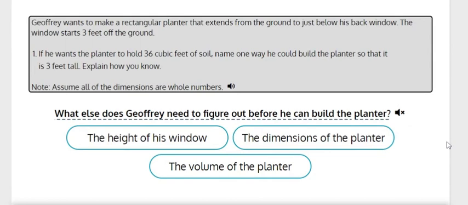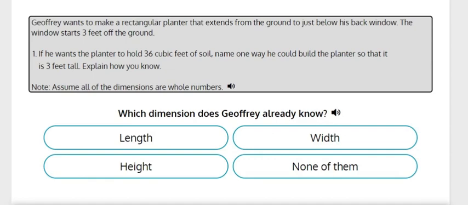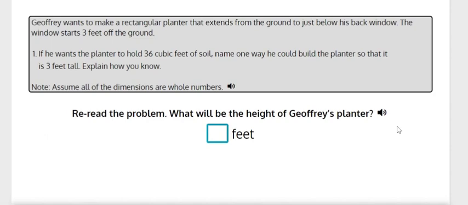What else does Jeffrey need to figure out before he can build the planter? Which dimension does Jeffrey already know? Reread the problem.